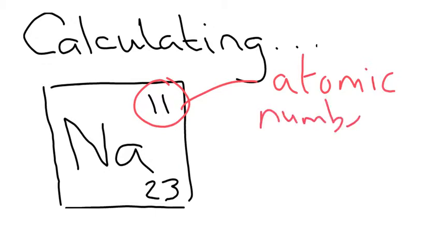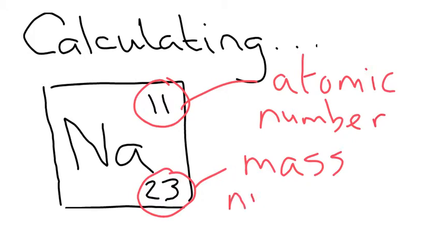The atomic number is the number of protons that that particular element contains inside its nucleus. So in the case of sodium, sodium has got 11 protons. The number at the bottom is the mass number. The mass number is different.